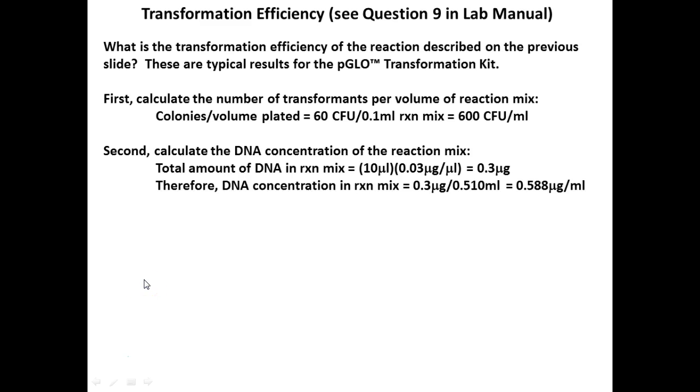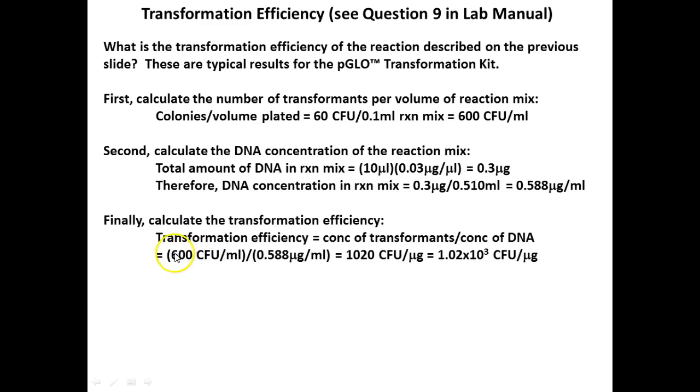Second calculation, the DNA concentration of the reaction mix. So again, 10 microliters times 0.03 gives us 0.3 micrograms of DNA we're adding into that tube. So 0.3 divided by 0.510, because that was microliters and we want milliliters, ends up being about half a microgram per milliliter.